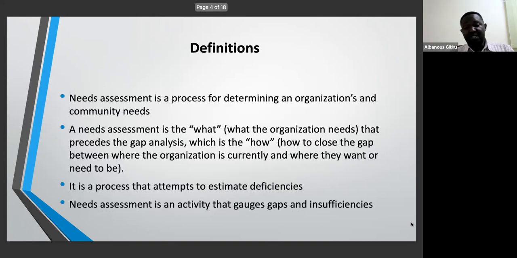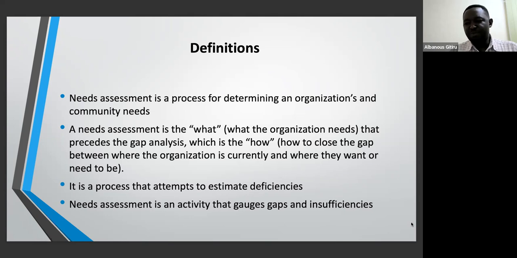Now, with that background, I think we can now get to understand the definitions. There is a definition that says needs assessment is a process for determining the organization's and community's needs. How will you be certain that this is what the organization needs, this is what the community needs?